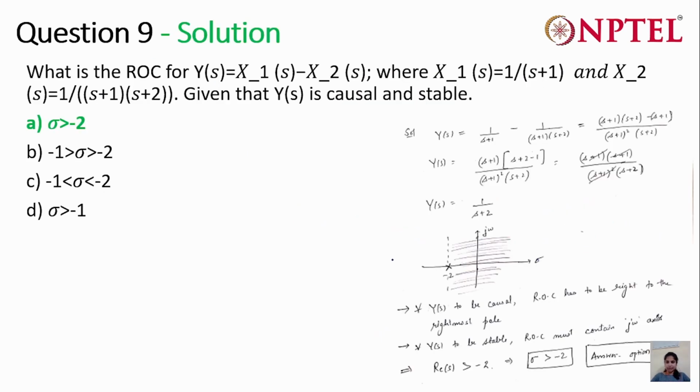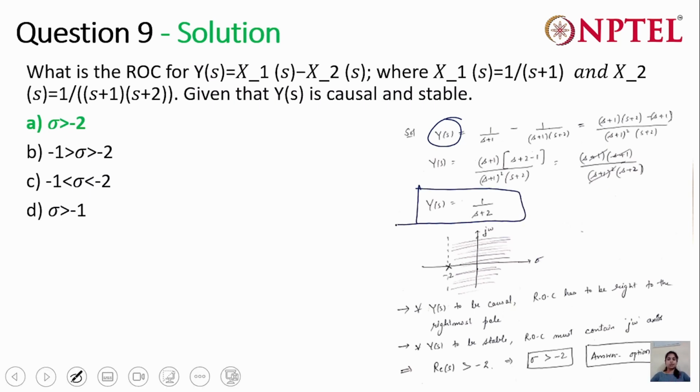So if you see what is Y of s, this (s plus 1) into (s plus 2) will come on the left hand side numerator. So (s plus 1) into (s plus 2) minus (s plus 1) by whatever you have here. So your s plus 1 terms get cancelled. So what is there in Y of s is just 1 by s plus 2. So we should not consider the poles of both X1 and X2.